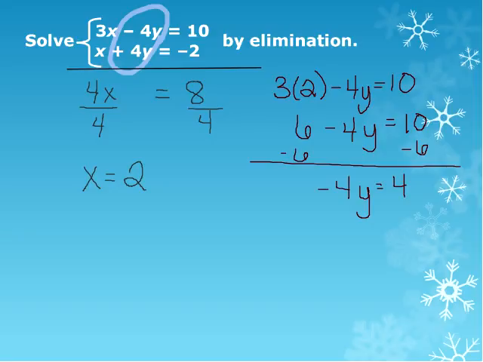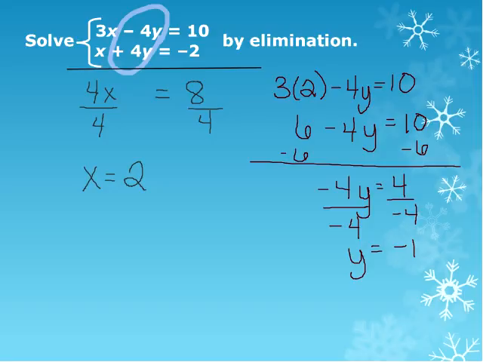And then what's my last step? Hunter's already got her answer there, which looks good. Yep, then we divide. +4 divided by a -4 is a -1.